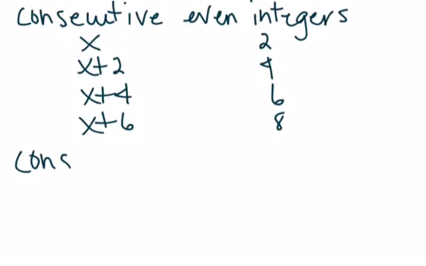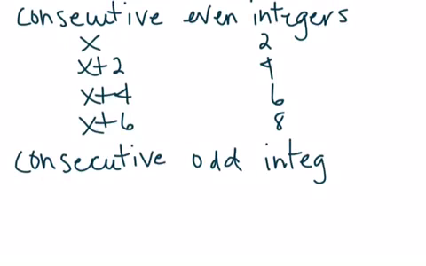But this is the one that most students have a hard time with. Consecutive odd integers. Because the consecutive even was 2, 4, 6, they assume that consecutive odd ought to be odd numbers. Well, let's look at it. If we start with 1, which is definitely an odd number, and we call him x. To get to 3, what did we add? Well, we added 2, so this is x plus 2.